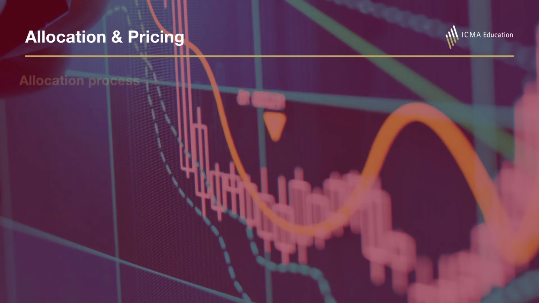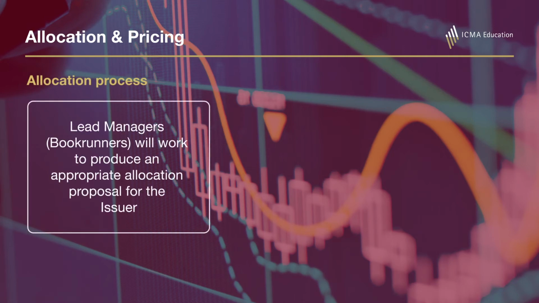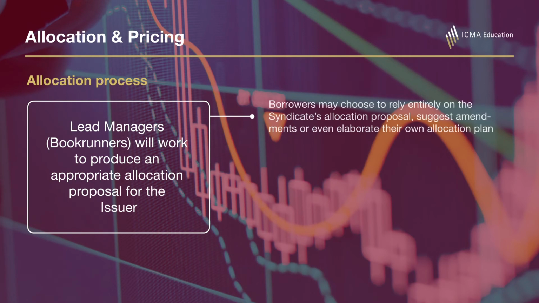So in terms of the allocation process itself, as mentioned, the lead managers will work to produce an appropriate allocation proposal for the issuer. And as mentioned, borrowers may choose to rely entirely on the syndicate allocation proposal. They may make suggestions or amendments to that, or even elaborate their own allocation plan.